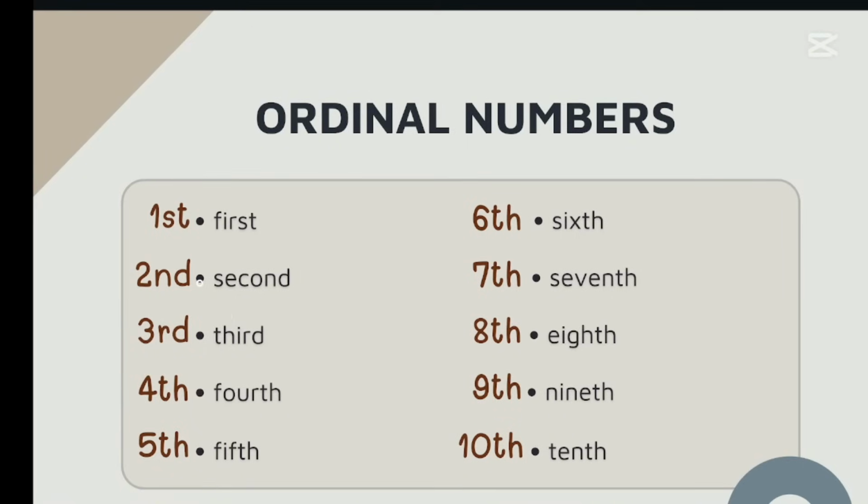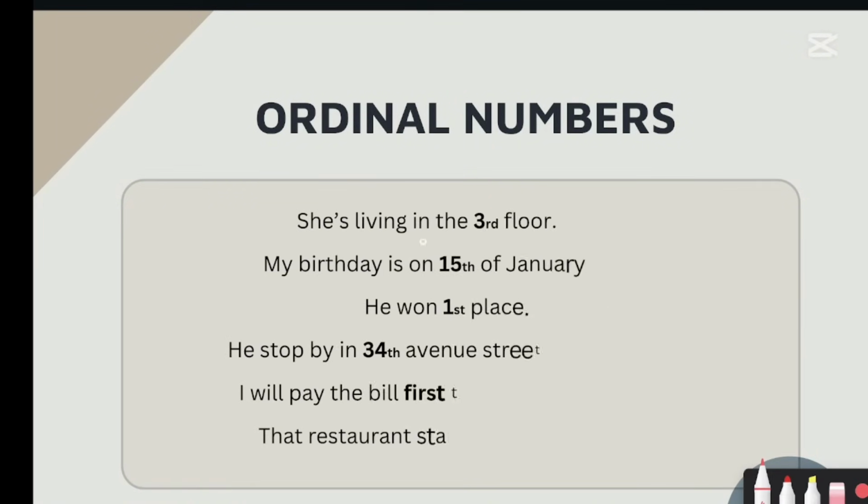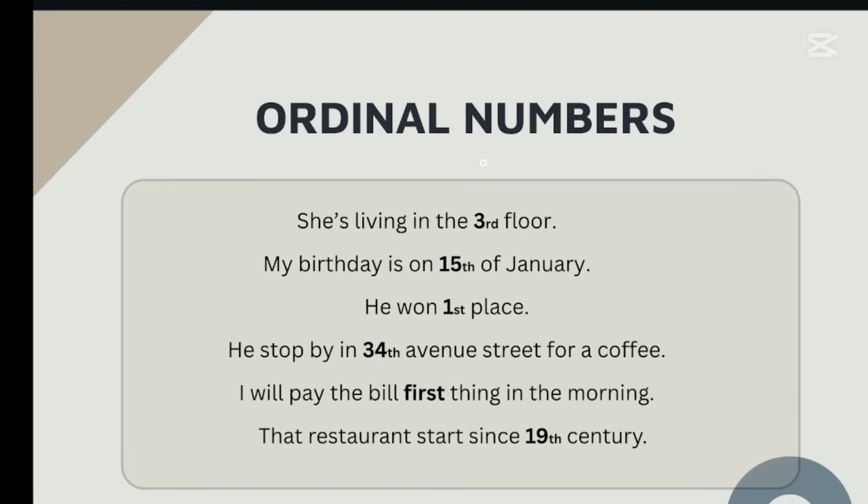Ordinal numbers usually indicate position or order in a sequence. So how do we use them in a sentence? I have here examples: she's living on the third floor.